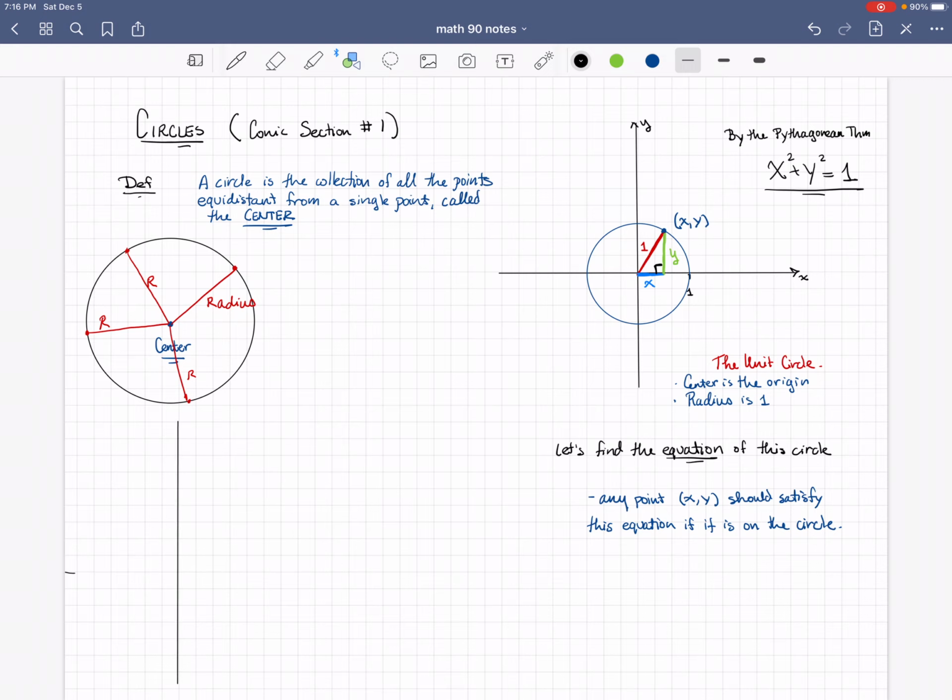So I'm not going to use the big scale again this time. So here's a coordinate system. And this time I'm going to take a circle centered at the point (3, 2). So I'm going to take this point and label it. And then I'm going to draw a circle of radius 4.